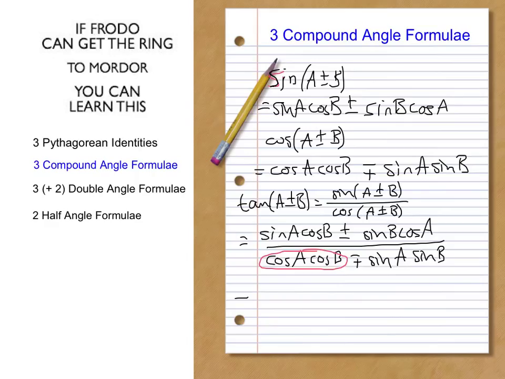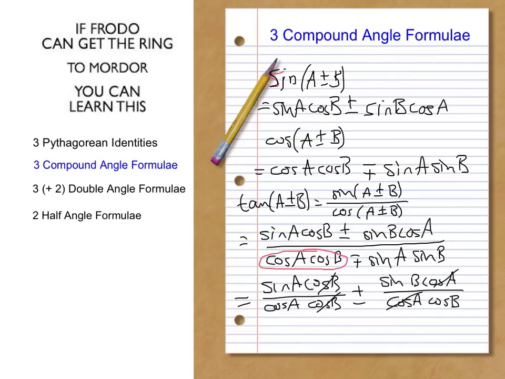So what that gives us is sine a cos b over cos a cos b, that's them gone, plus minus sine b cos a over cos a cos b, and that's them gone, all over cos a cos b over cos a cos b. That's obviously just going to be 1 because it all cancels. And if you forget what to divide by, that's how you can remember. Just look in the bottom left and it's going to turn into a 1.